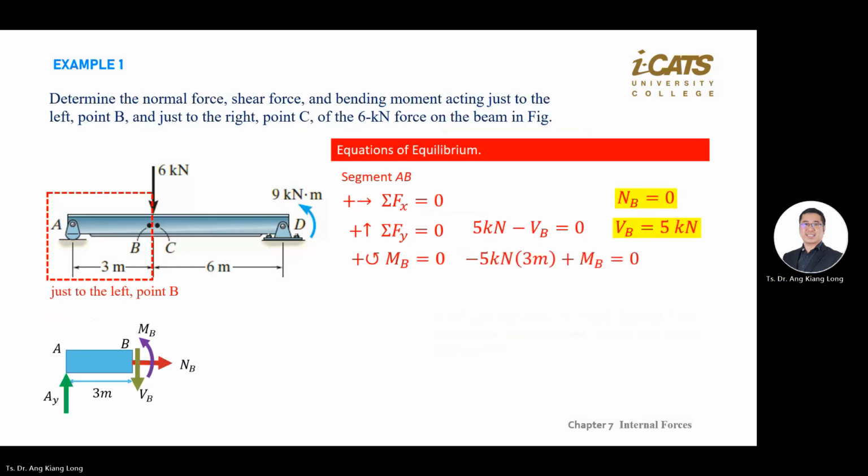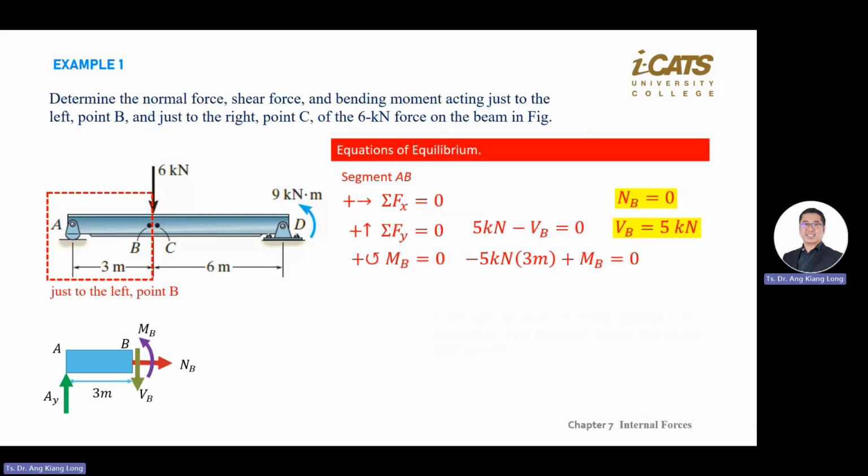Okay, so you put it at B, you have AY. AY clockwise is negative because here anti-clockwise is positive. So normally the careless mistake is here. You already write anti-clockwise positive, but when you do this one, you always forget this is clockwise.